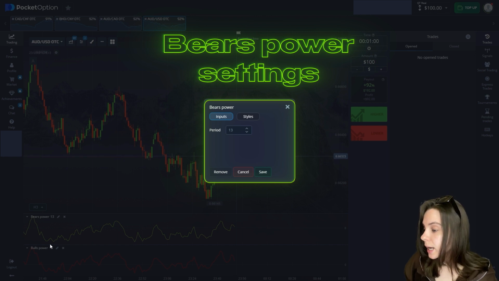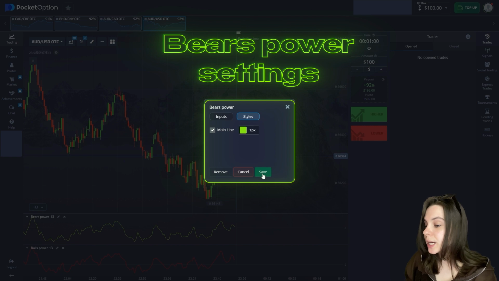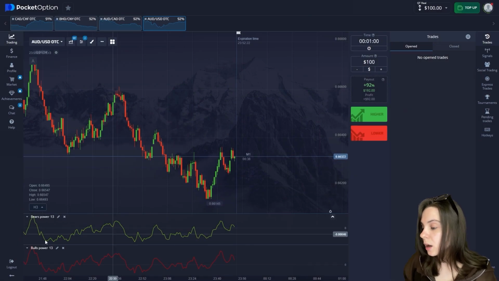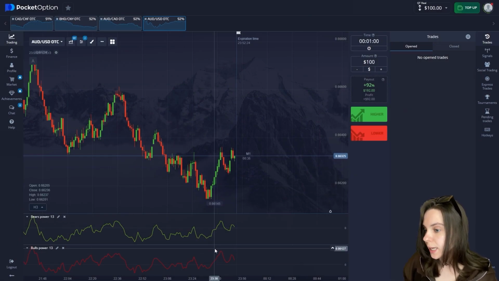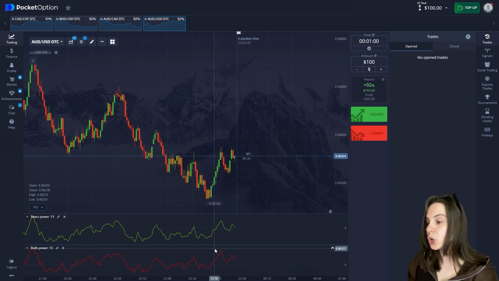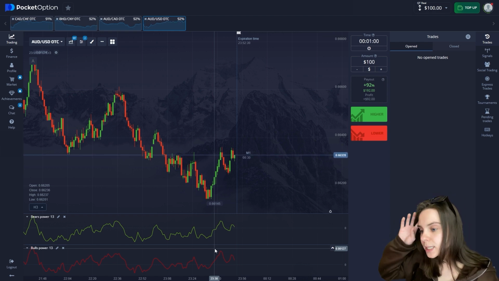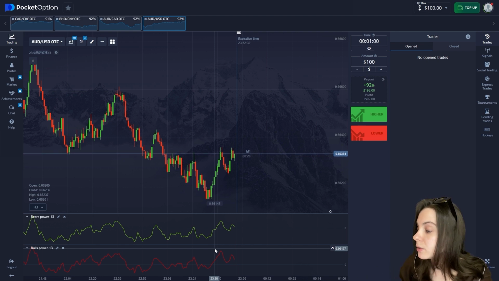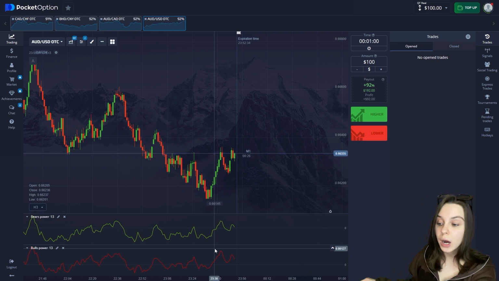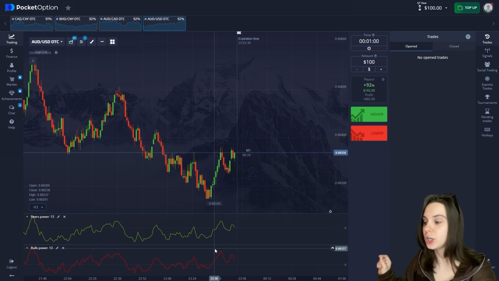The indicator settings I will also quickly demonstrate. This is period 13, where you can see what the Bulls Power and what the Bears Power are. And accordingly, the style I chose: the bears are green and the bulls red. Let's immediately move on to the first currency pair, and I'll show you how to trade using this strategy.